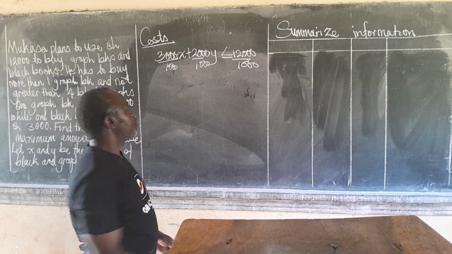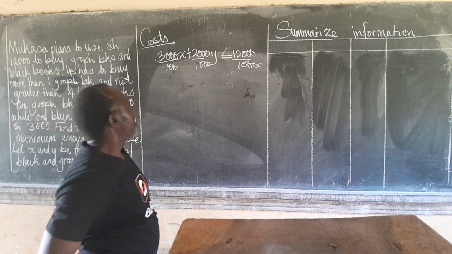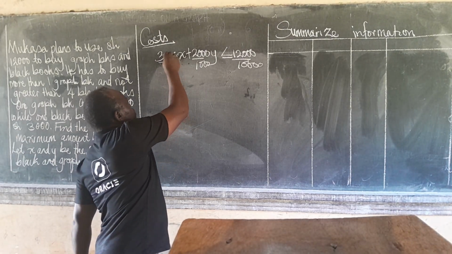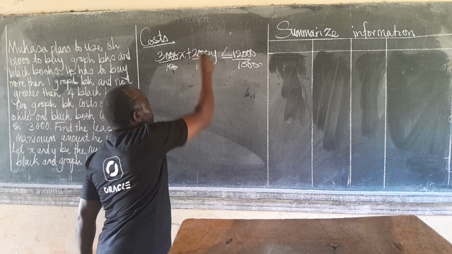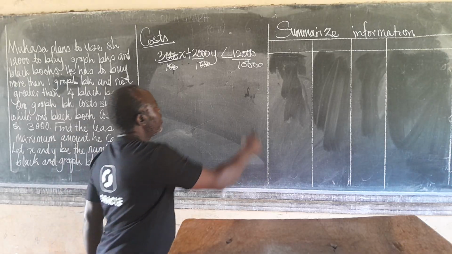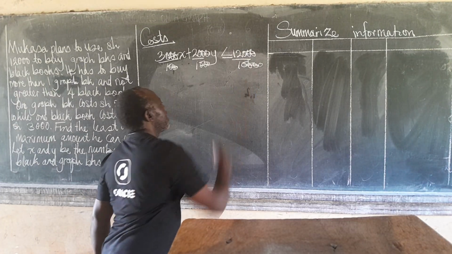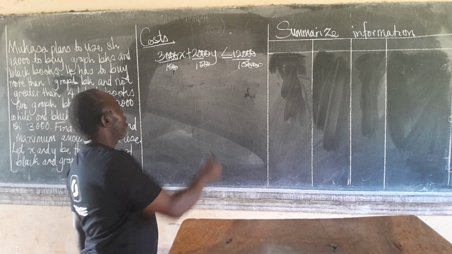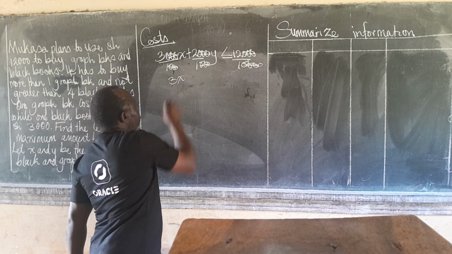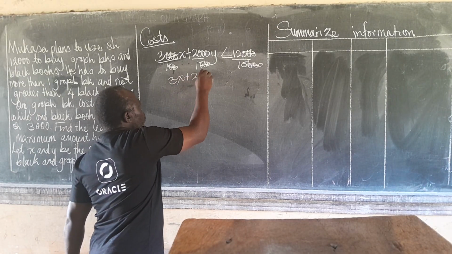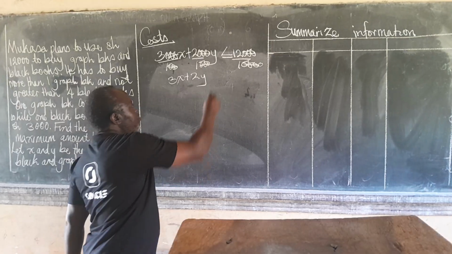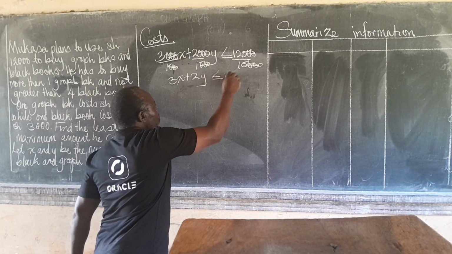Now what do we have? 3 goes with that, these ones go with that, and these ones also go with that. Now what do we have? We have 3x plus 2y is less than or equal to 12.